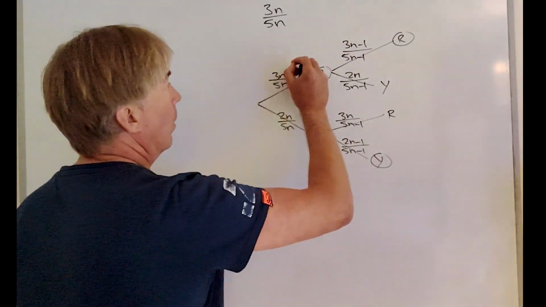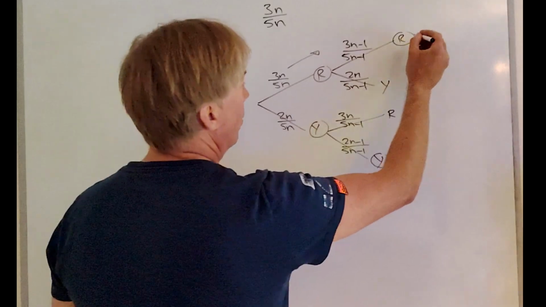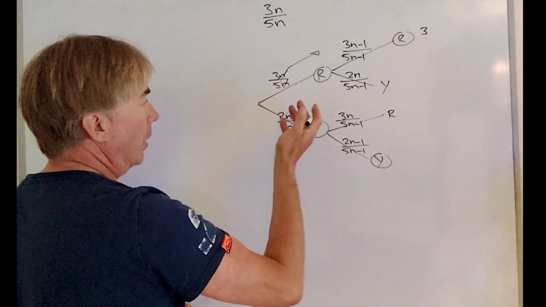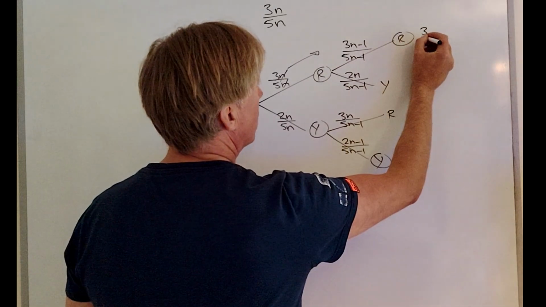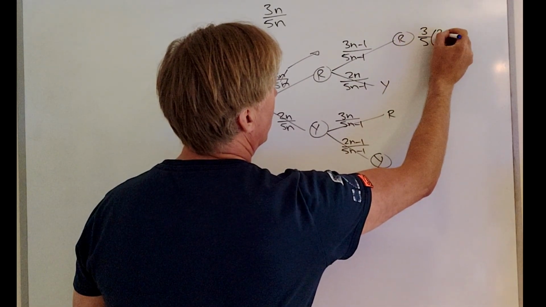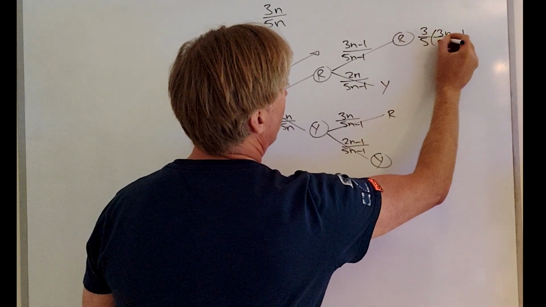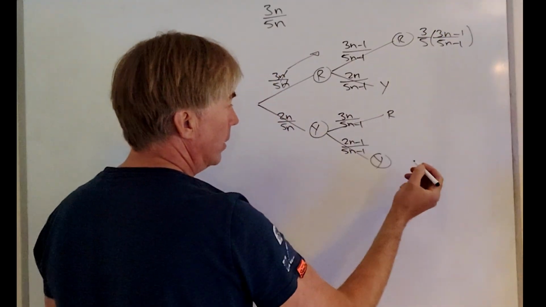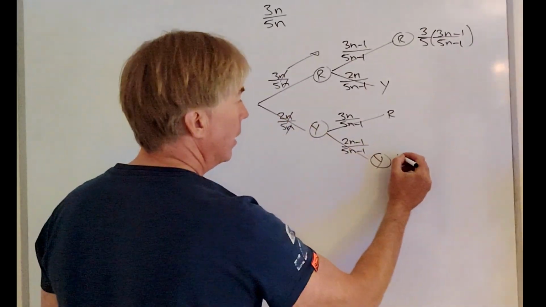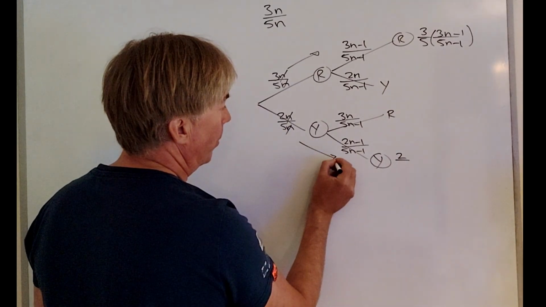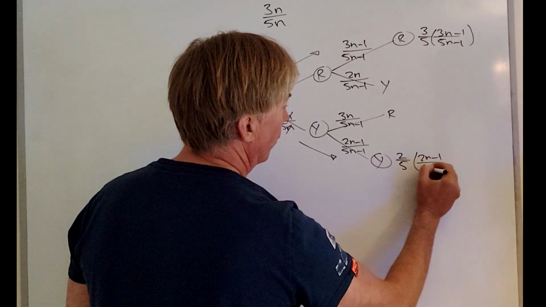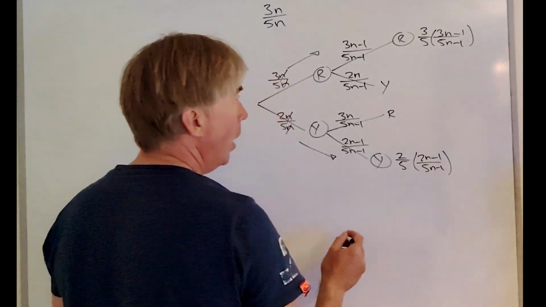So we're going to go along the red branch, multiplying our probabilities. I can cancel my n's now. I don't need them in this particular case. So it's going to be 3/5 times 3n minus 1 over 5n minus 1. There's the probability of getting red. And similarly, cancel my n's here, multiply my probabilities along my branches: 2/5 times 2n minus 1 over 5n minus 1.